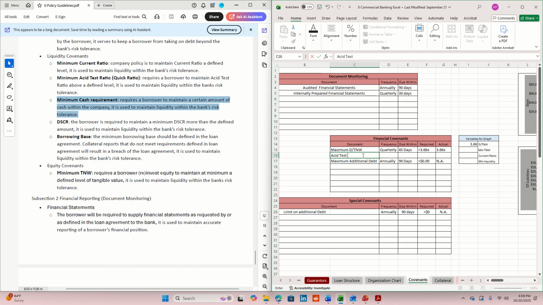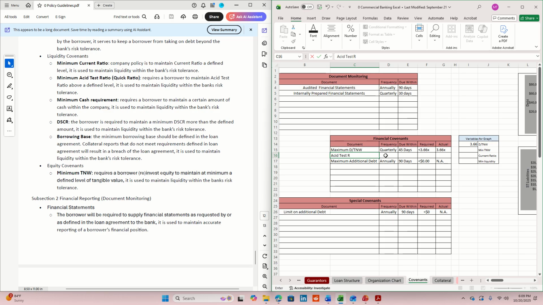But if you have inventory, then don't do a minimum acid test ratio, do a minimum current ratio, because it kind of defeats the purpose of doing both of them. Right here, it says it right here, requires the borrower to maintain, and you guys need to know the difference between what an acid test ratio is checking for and what a current ratio is checking for.